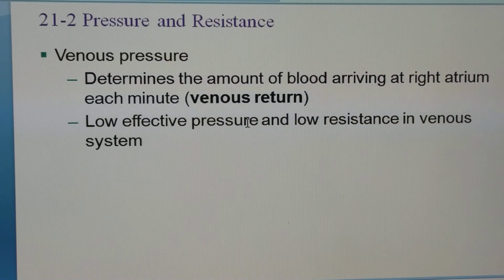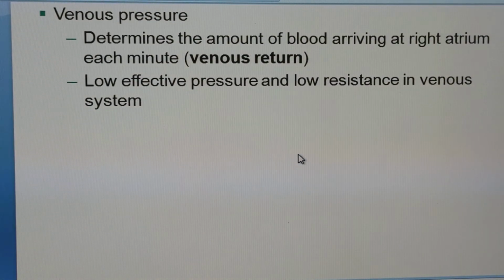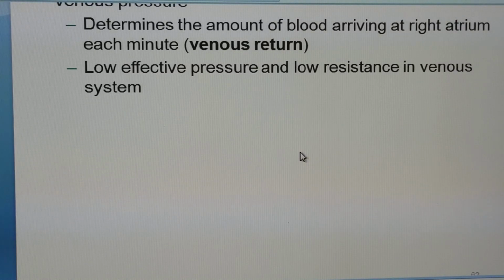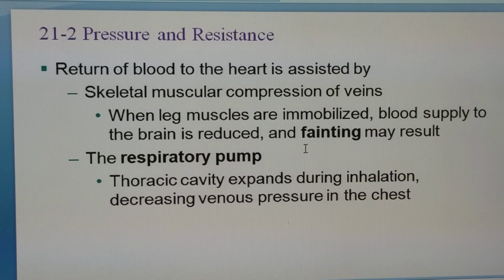Venous pressure determines the amount of blood arriving at the right atrium each minute, which is venous return. There is low effective pressure and low resistance in the venous system. How are we getting it back to the heart? Return of the blood to the heart is assisted by the skeletal muscular compression of the veins.